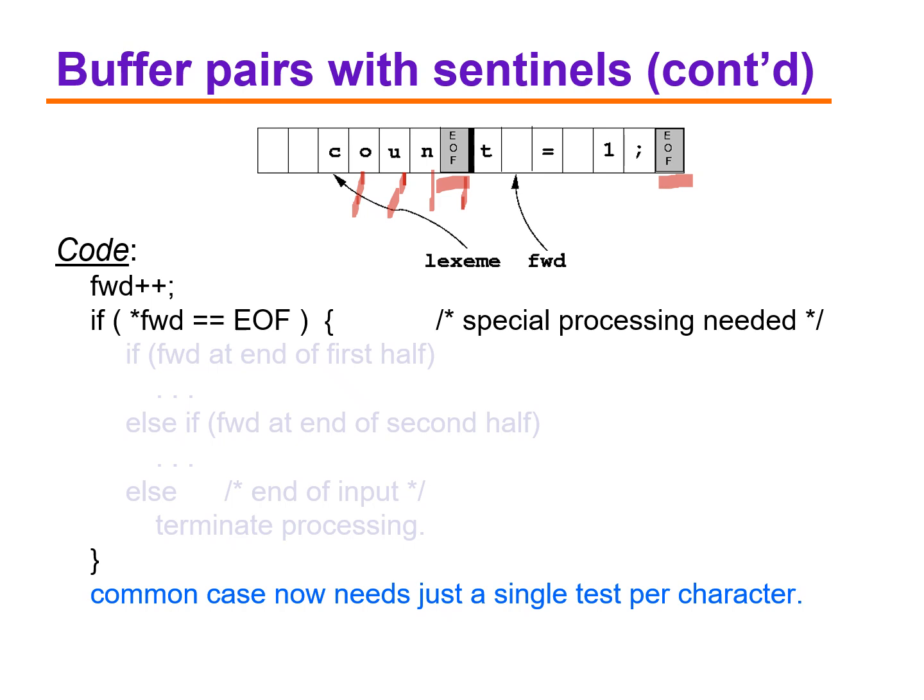At each move, it checks whether a sentinel is encountered or not, which marks the end marker. If it is not there, it moves forward to the next check. That means instead of doing two tests every time, we test only one, the forward pointer.